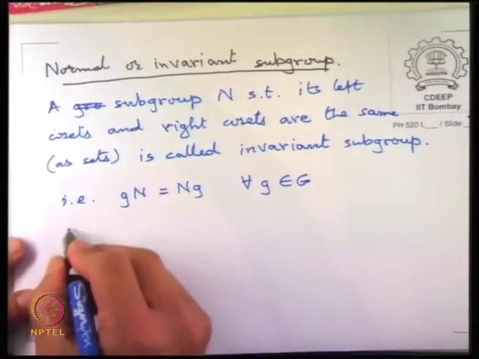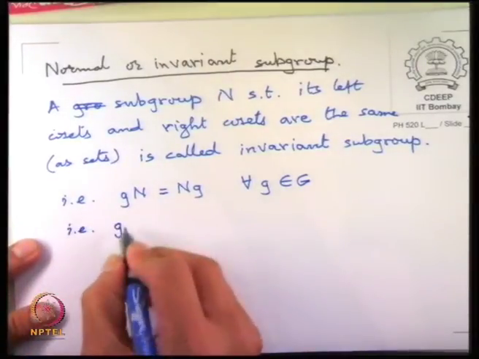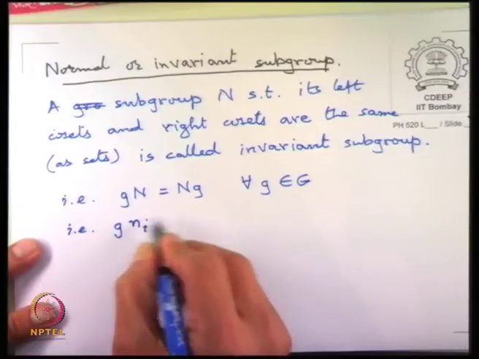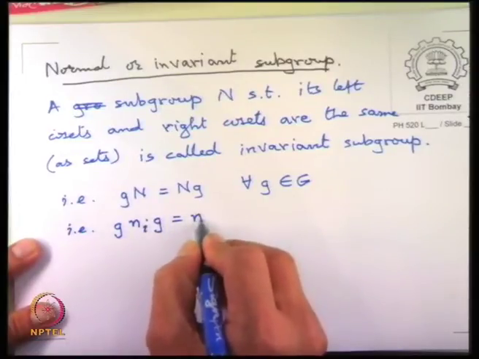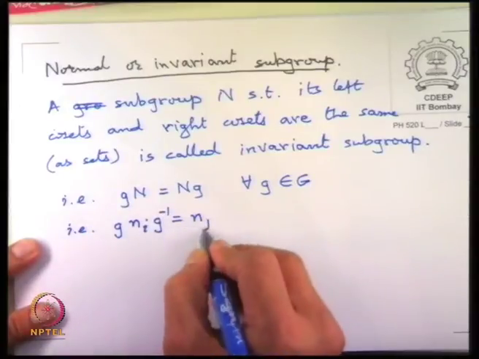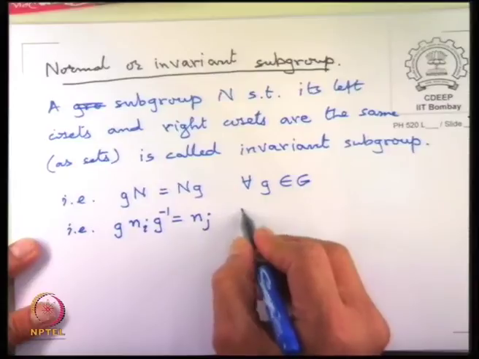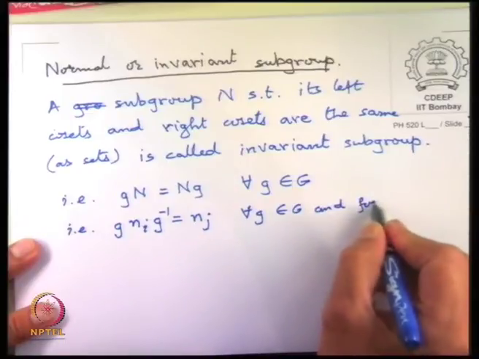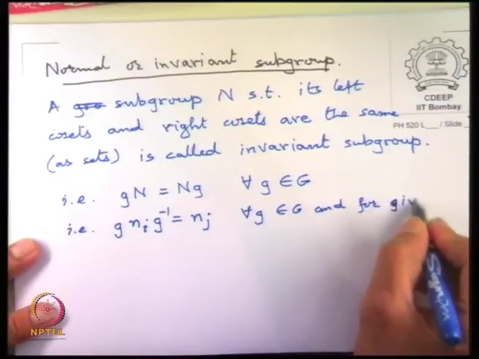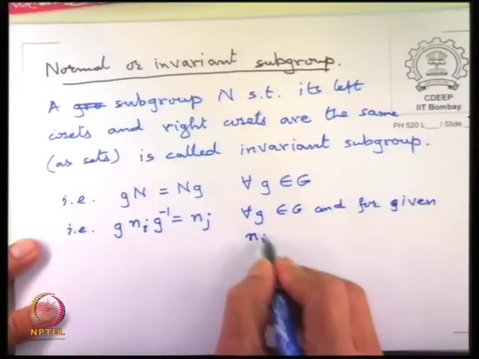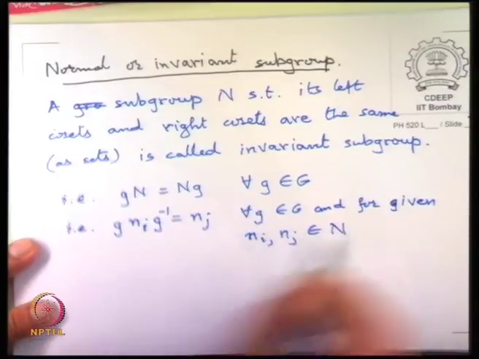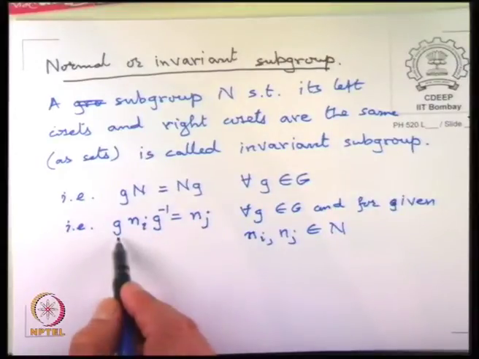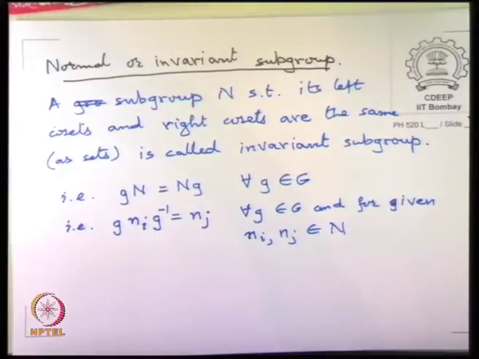What this means is that g n_i g inverse is some n_j for all g belonging to G and for given n_i, n_j belonging to N. So, if you pick some element of the normal subgroup and take any element g of G, do g and g inverse, you will get back an element in the subgroup itself.